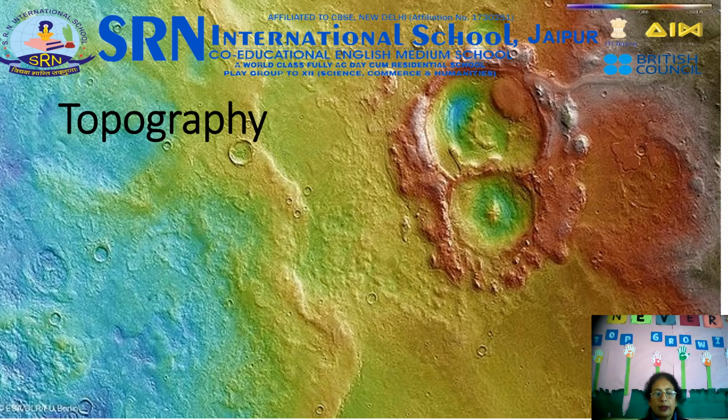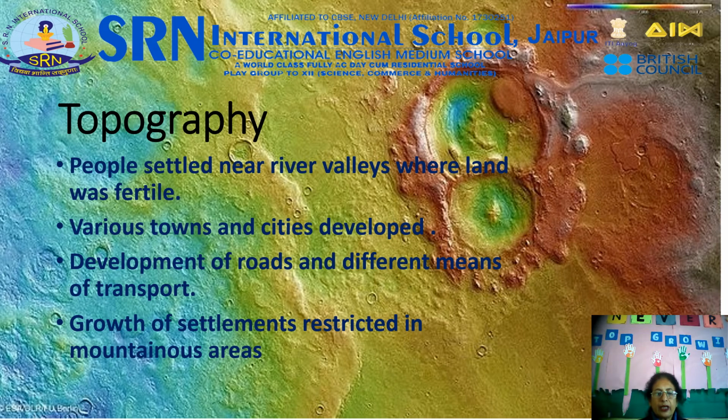After constructing boats, he began to carry himself as well as his goods using the river as a means of transport. Topography means the nature of land. It has a great impact on the growth of settlement. Most people try to settle in river valleys where the land is fertile and the soil is fertile as well as the water is easily available.